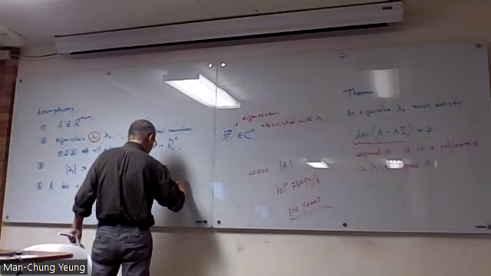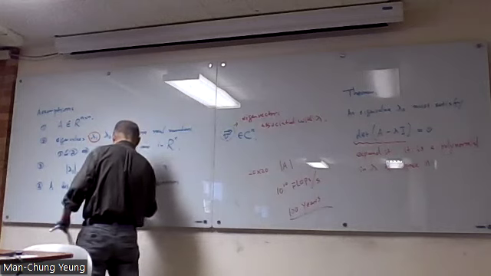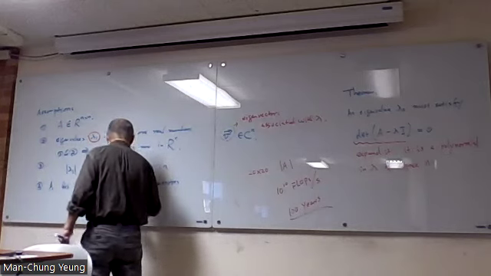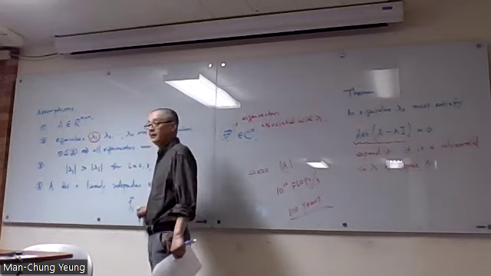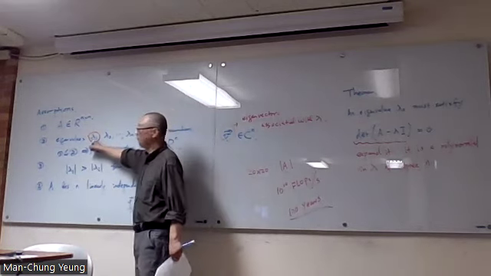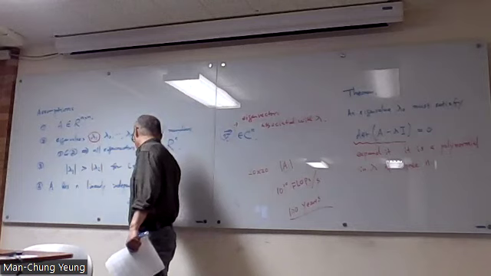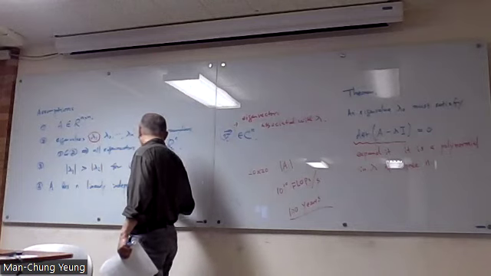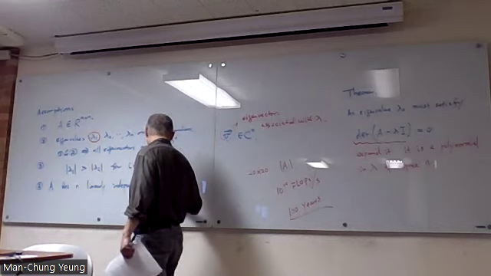Say psi 1 is associated with lambda 1, psi 2 is associated with lambda 2, and so on, up to psi n.